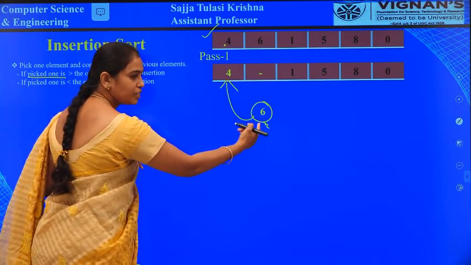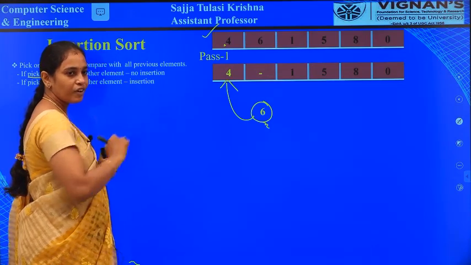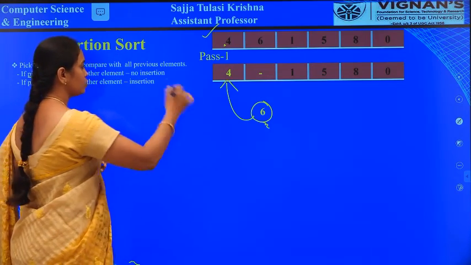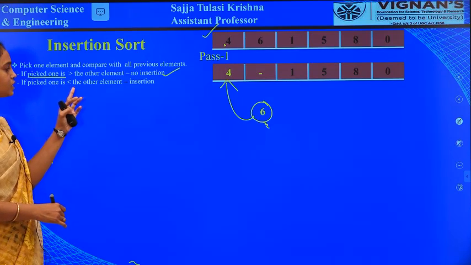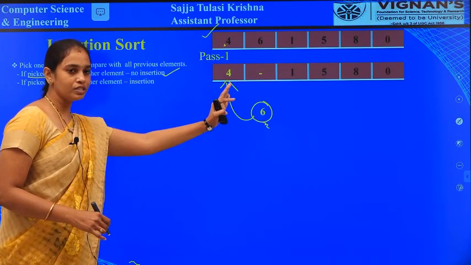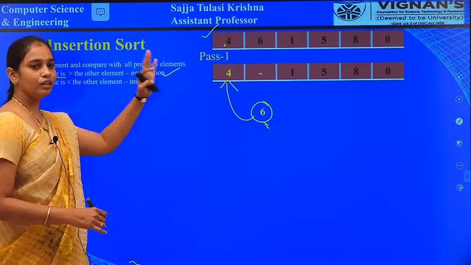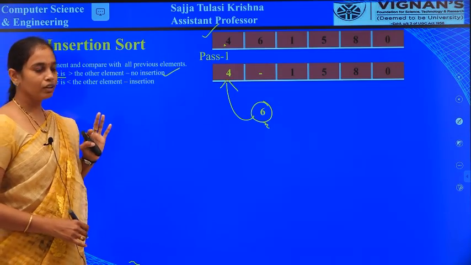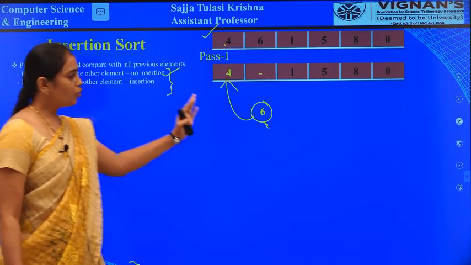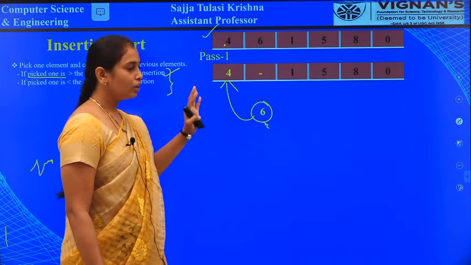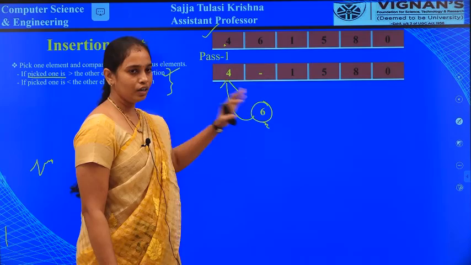If it is greater, there is no need to insert it in the first position. If the picked one is less than the previous elements, then insertion may happen. With the help of these two statements, you order the elements in the unordered list.